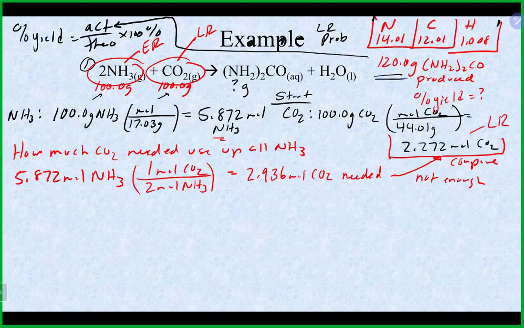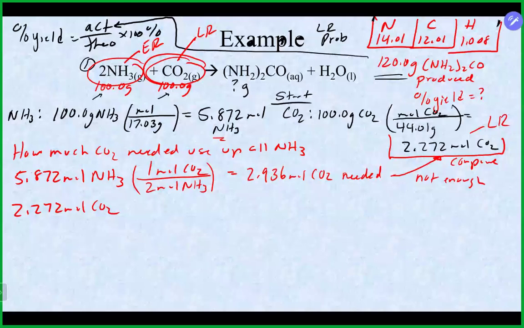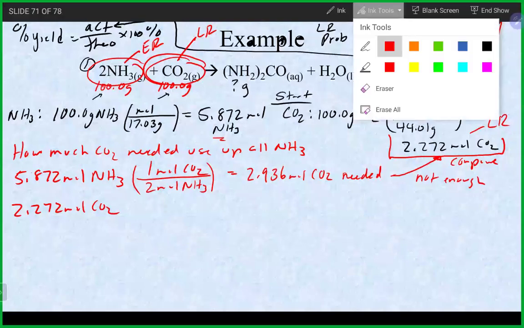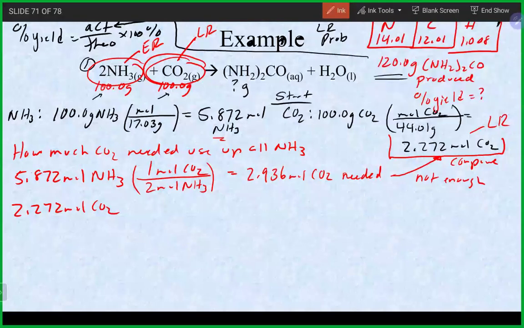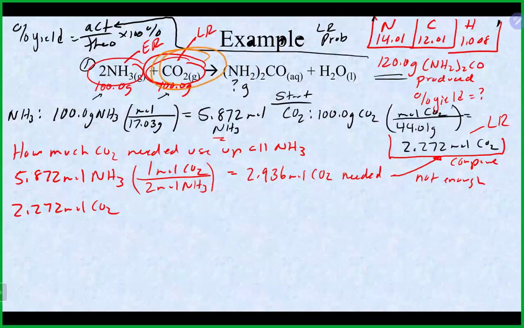All right, now that we know it's actually the CO2 here that is our limiting reagent, we're going to use that to figure out how much product, which would be our theoretical yield. So we'll go 2.272 moles of CO2. I now want to do the mole-to-mole relationship between my CO2 and the product, and that is going to be 1 to 1 in this case.